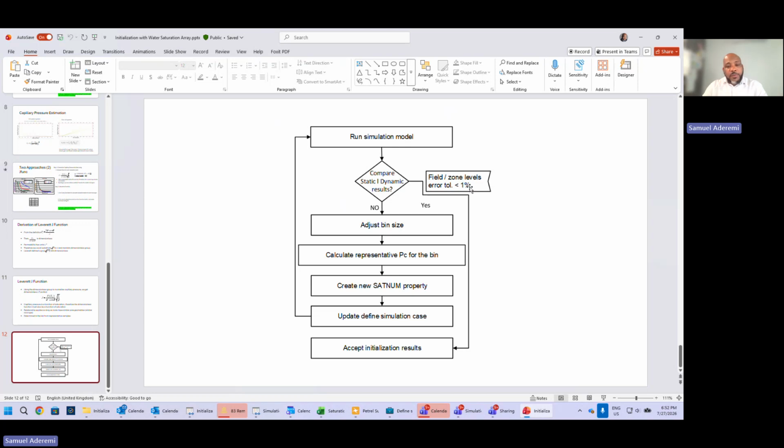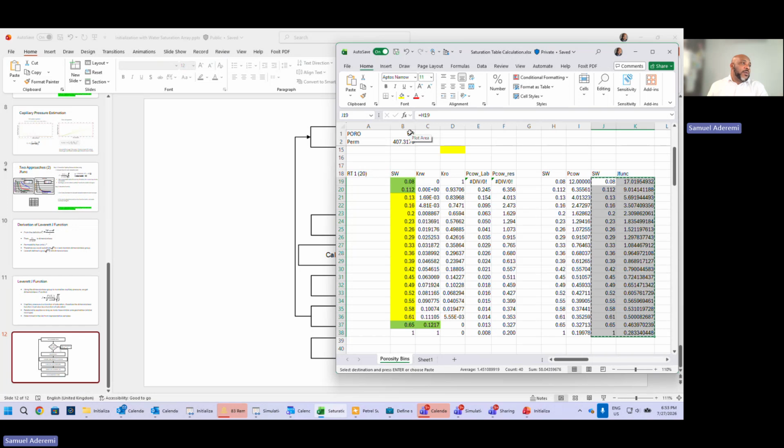What does that mean? If you look at each rock type, let's say I've assigned only a single porosity, and I'm not matching within a particular rock type, I can divide the whole porosity range into maybe 2, 3, or 4, and find the average of each one. Then I have to generate the relative permeability for each one using the spreadsheets that I've got.